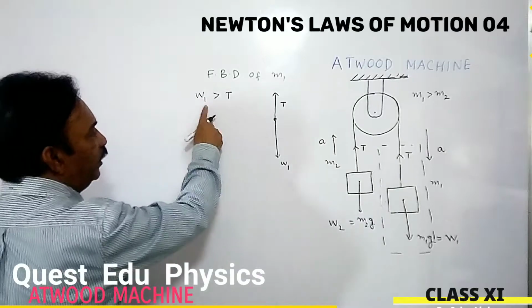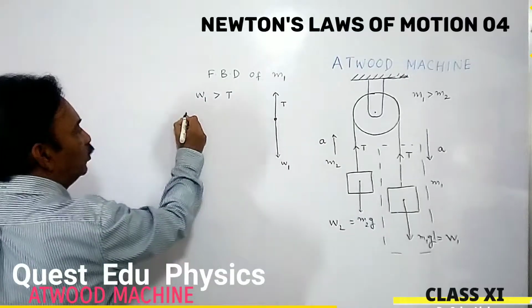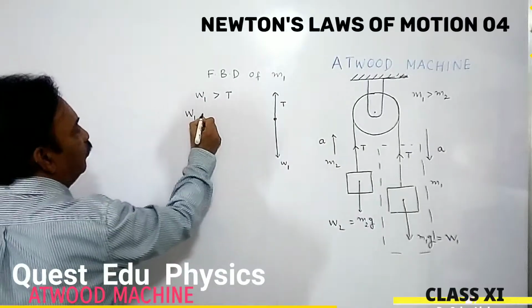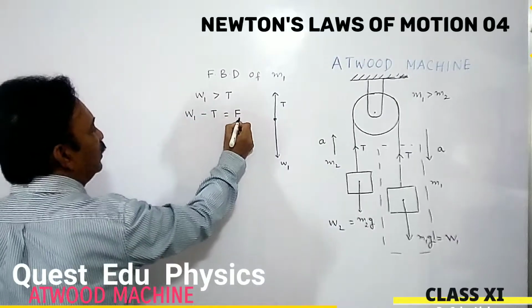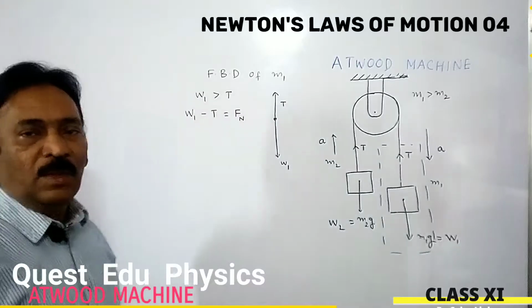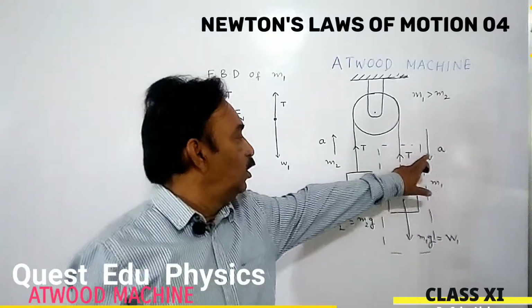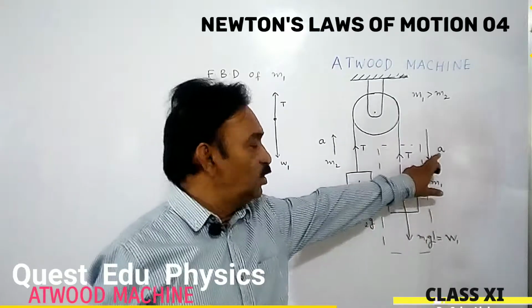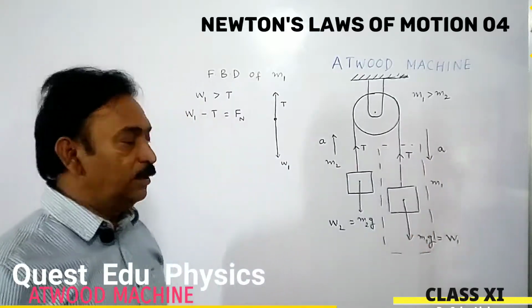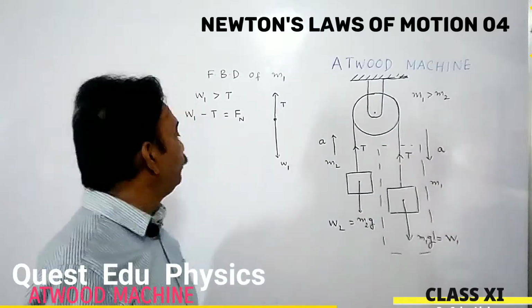The difference between the two must be another force, W1 minus T. We have to call it the net force. This net force provides the acceleration to the body. That's why it is coming down.